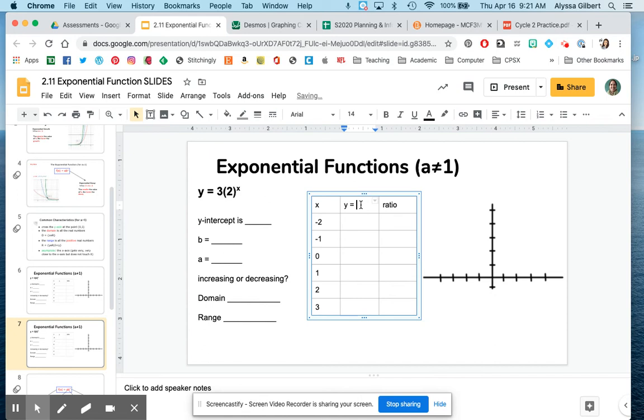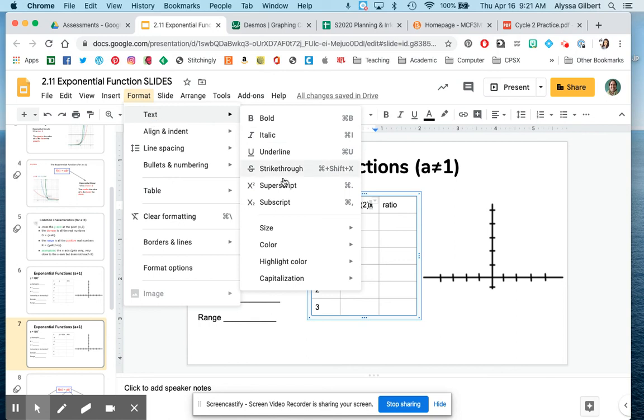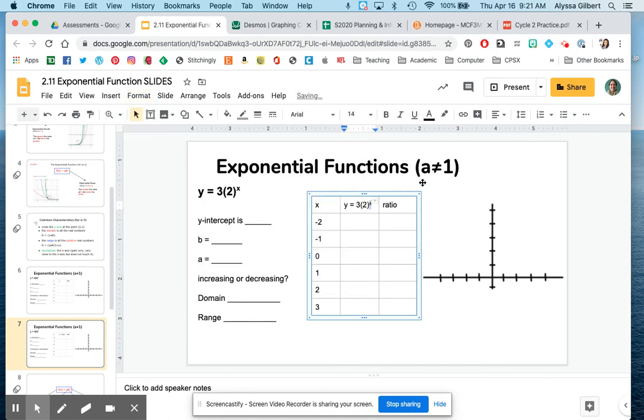So y equals 3 times 2 to the x. And to make my little x, I'm going to go superscript. So now, every time we have a new x, we have to replace the x with that value. So this is going to be 3 times 2 to the negative 2.